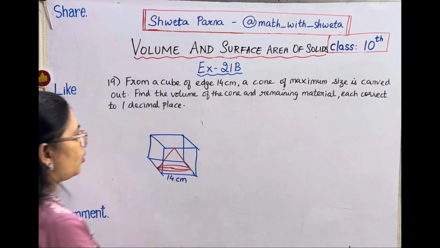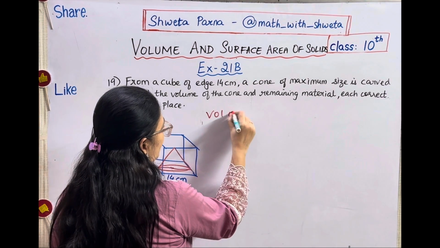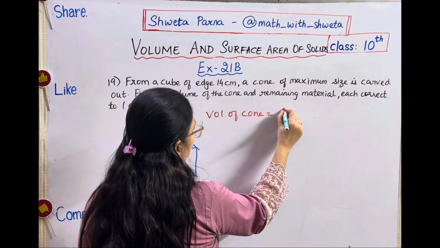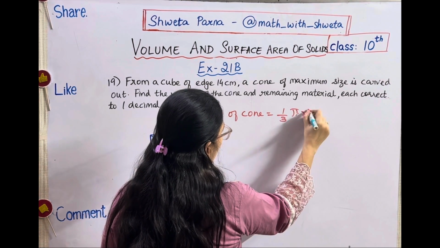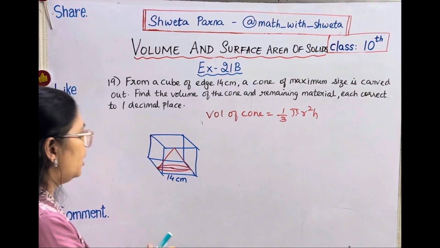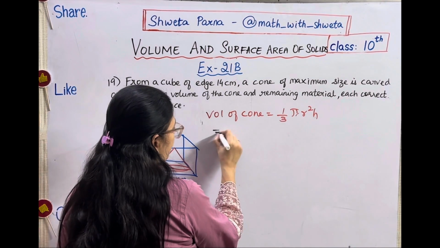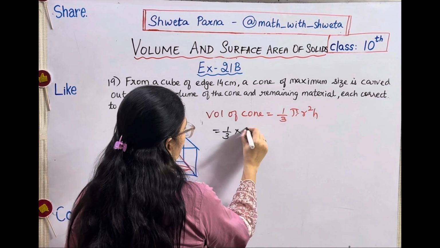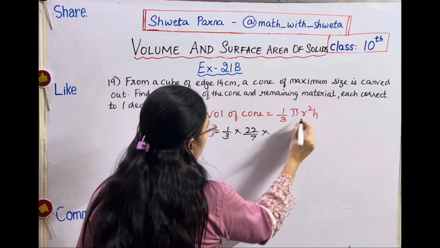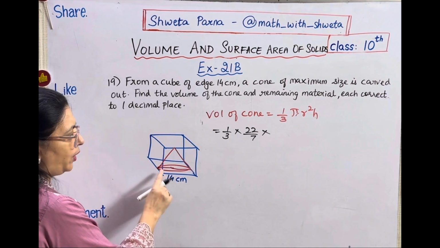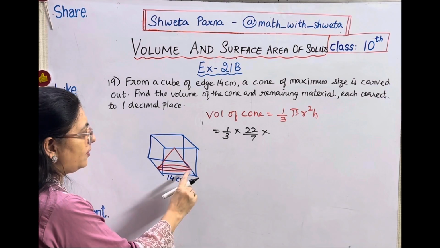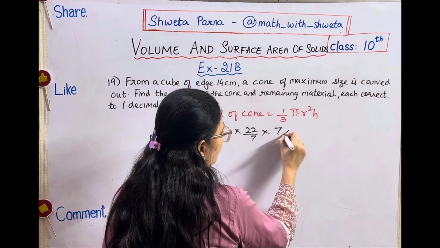Find the volume of the cone. What is the formula to find the volume of cone? Volume of cone is 1 by 3 pi r square h. Now, it is 1 by 3 into 22 upon 7 into radius. The diameter is 14. So, since it is of maximum size, radius would be 7, 7 into 7.